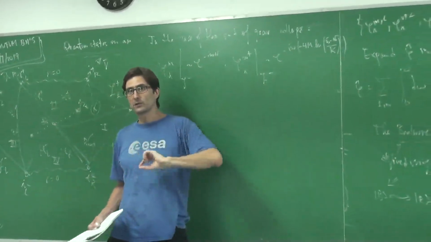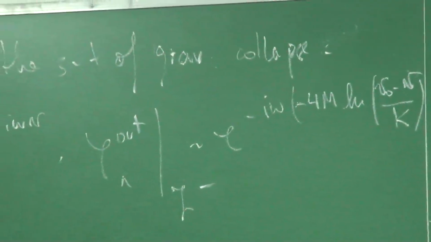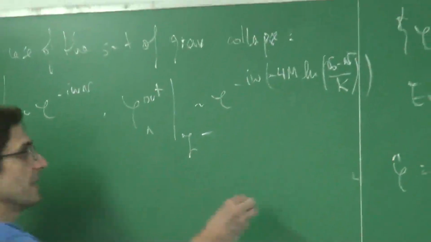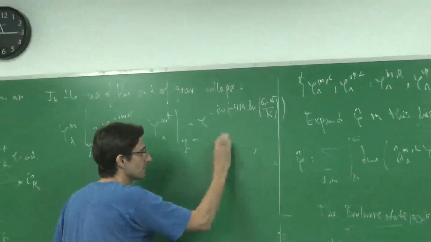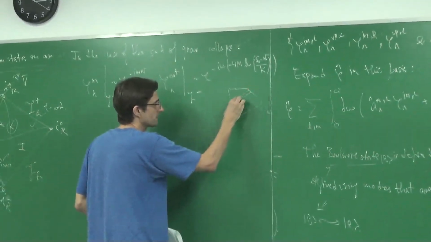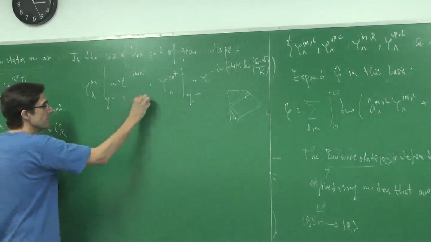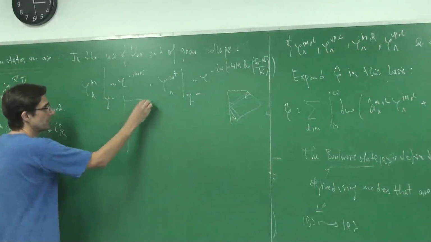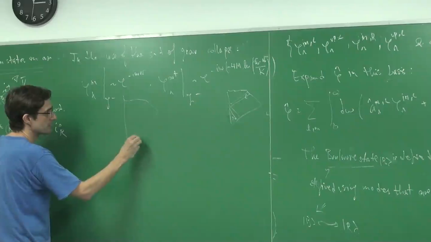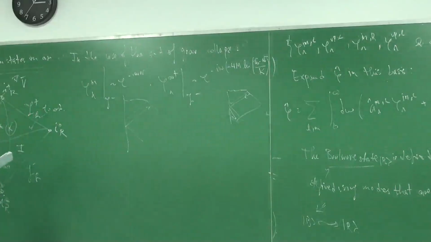We could have done the opposite: started with this mode at chi minus, followed it through, reflected it through r equals 0, and taken it up to chi plus.